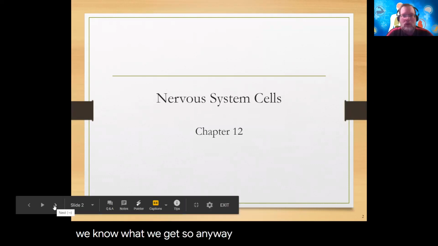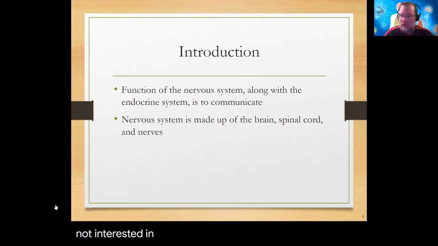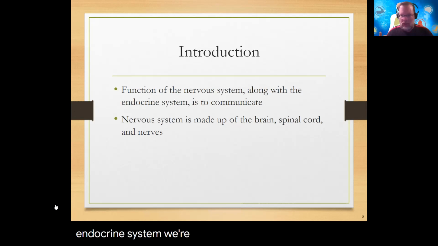So anyway, nervous system cells. Chapter 12 does go through some items that we really are not interested in quite yet. We're very interested in some of this stuff next semester. But right now, our focus is really on the anatomical aspects. As we introduce you to the nervous system, or reintroduce you to it, we know that along with the endocrine system, we're communicating with all of the systems, all of the organs, and hopefully all of the tissues and cells of the body.